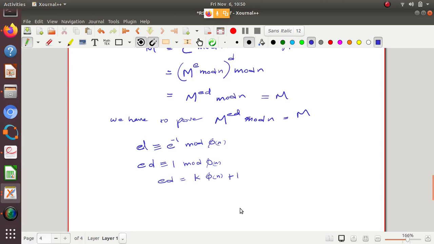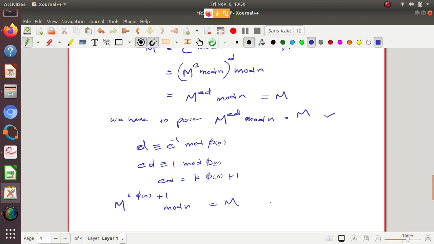So we have some result like this. So we can rewrite this: m to the power ed, how can we write it? ed is equal to k into phi of n plus 1, mod n is equal to m.